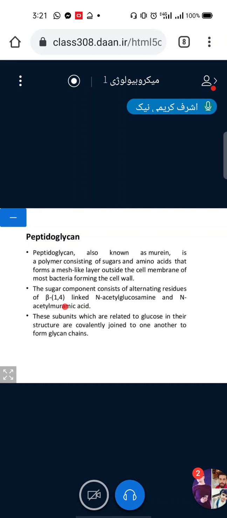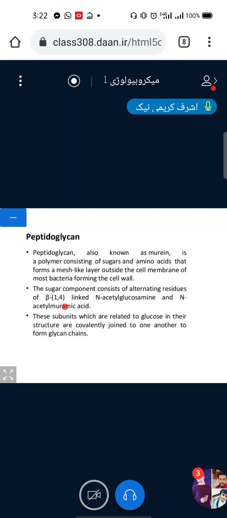The sugar component consists of alternating residues of beta-1,4-linked N-acetylglucosamine and N-acetylmuramic acid. Yes, N-acetylglucosamine and N-acetylmuramic acid in alternating form.